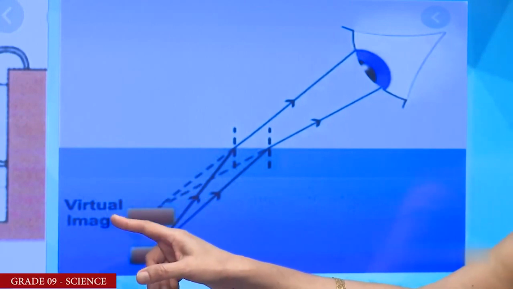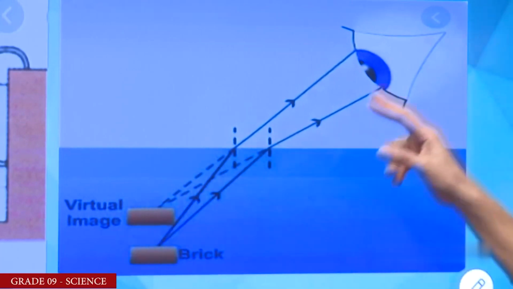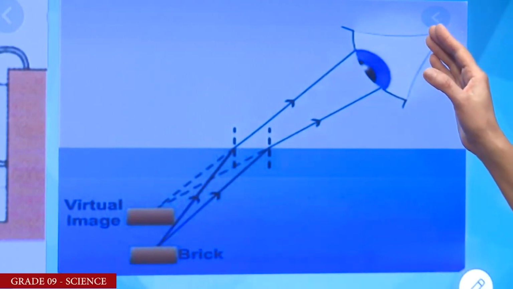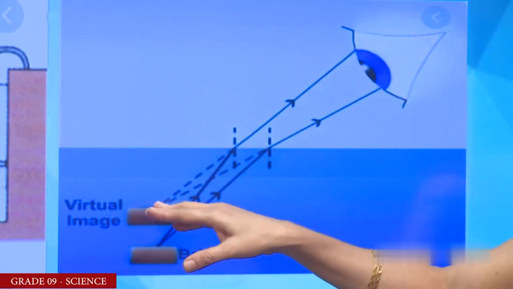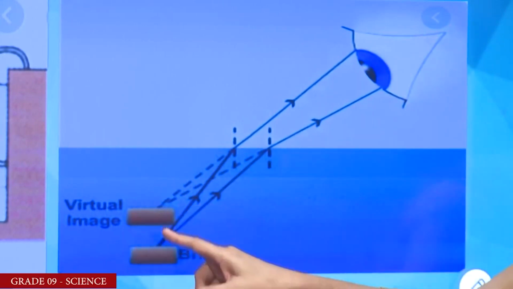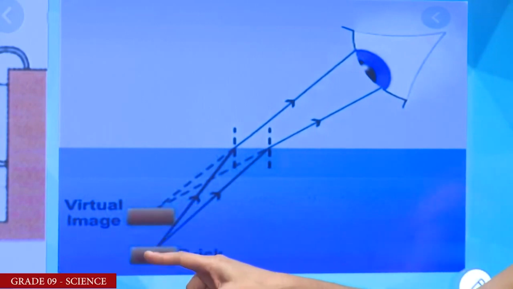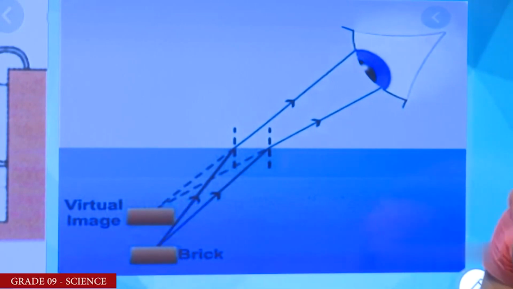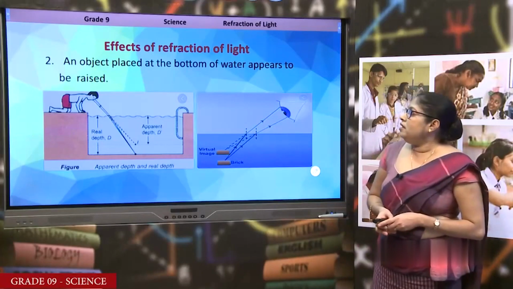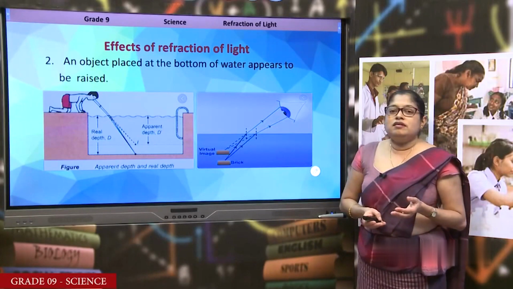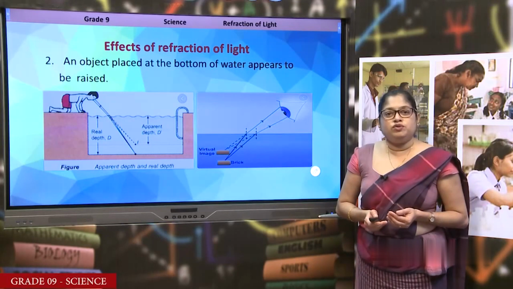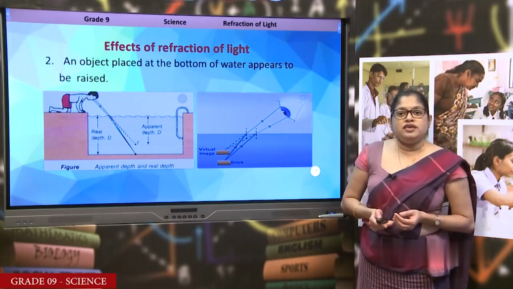We call it a virtual image. The observer above the water surface can see the image here, but the object is not here, it is somewhere below that. This is the raising of objects when you observe through water, due to refraction of light.